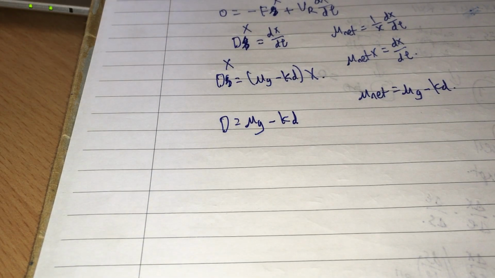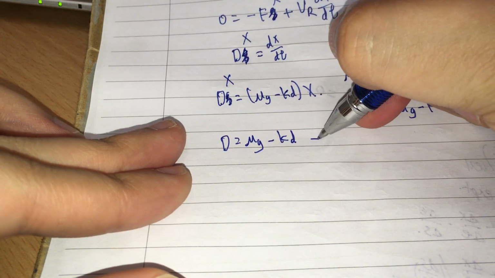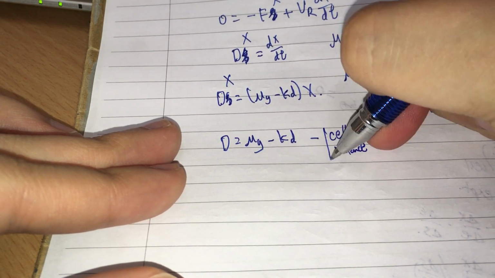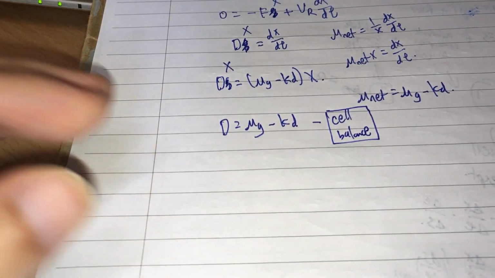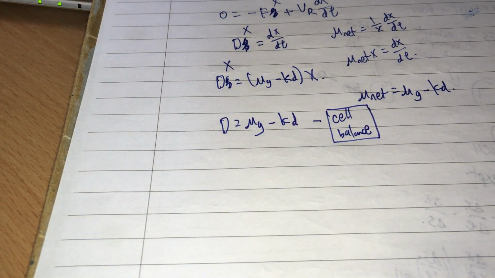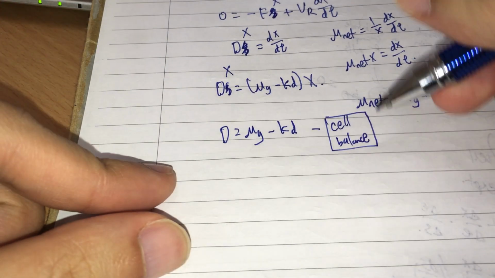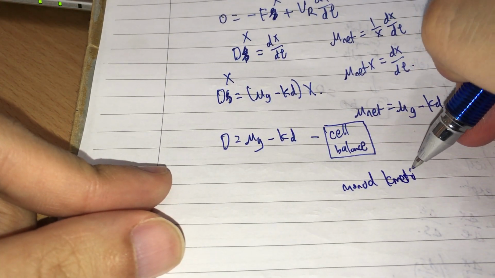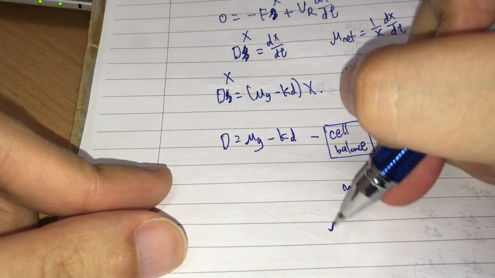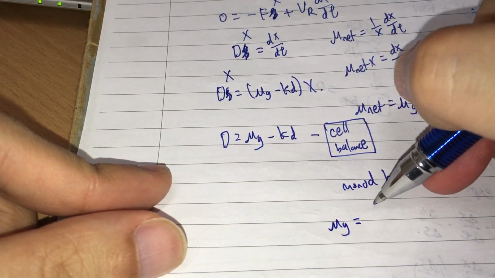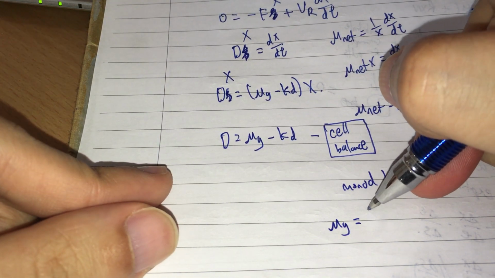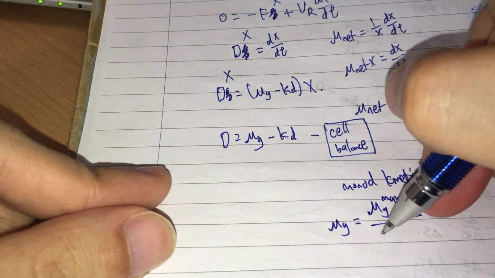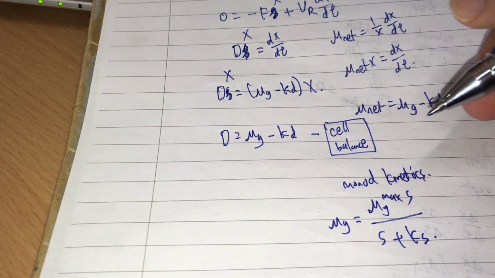Okay, can you apply the Monod kinetics? So these are the cell balance. So this is from the cell balance, and if you input the Monod kinetics, you have mu g equals mu g max into s over s plus ks.